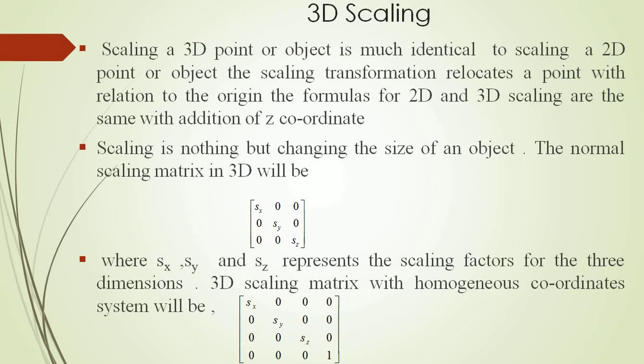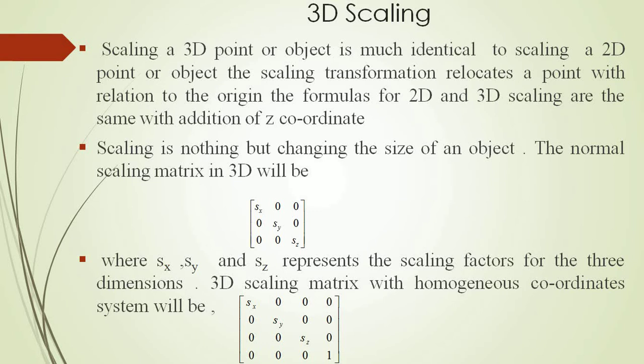Then after that, the 3D scaling. What is meant by scaling? Scaling is nothing but changing the size of the object. We change the size of the object, that is meant by scaling.